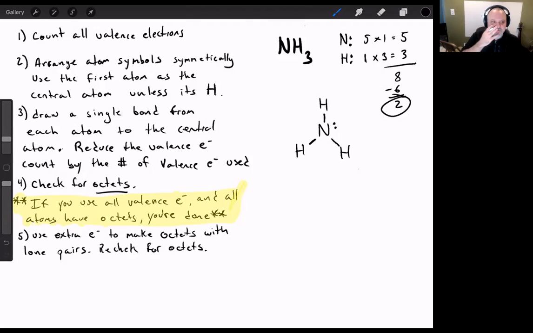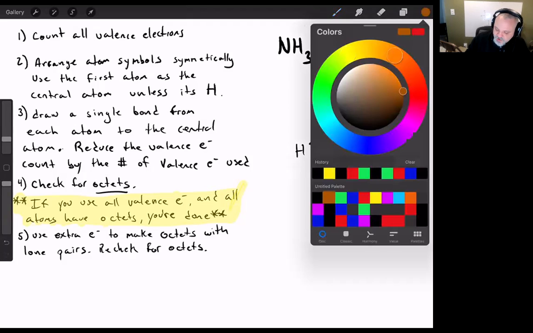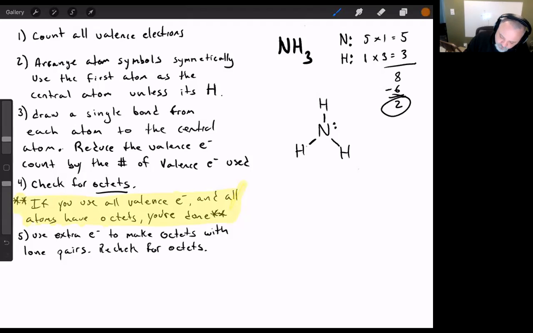Lines count as electrons, and so they count towards the octet. So let's count for nitrogen right now. There's 1, 2 in that bond, 3, 4, because there's 2 more in that bond, 5, 6, 7, 8.